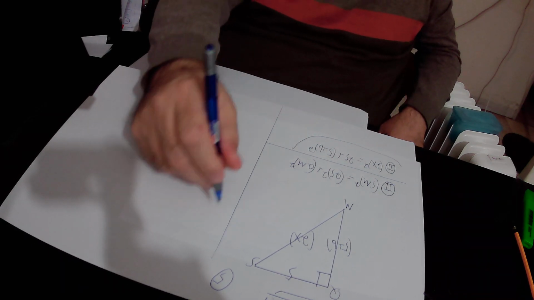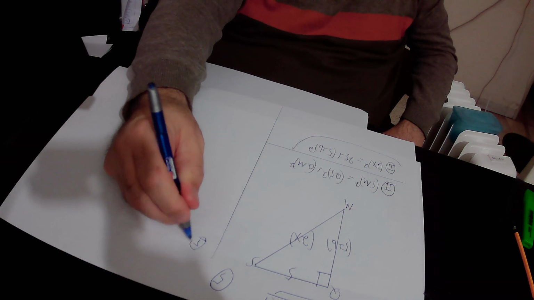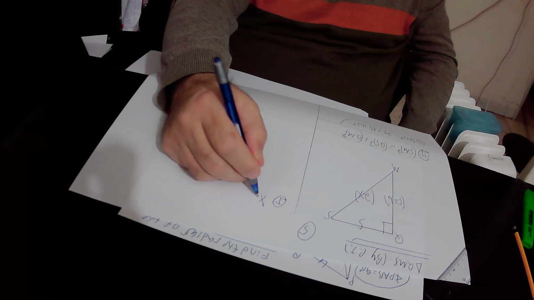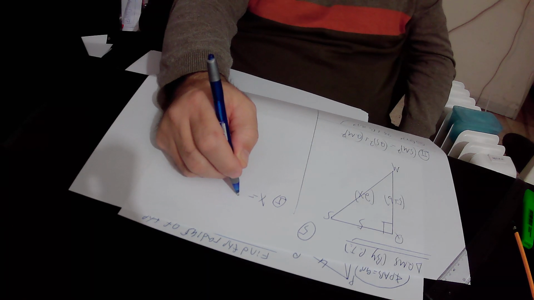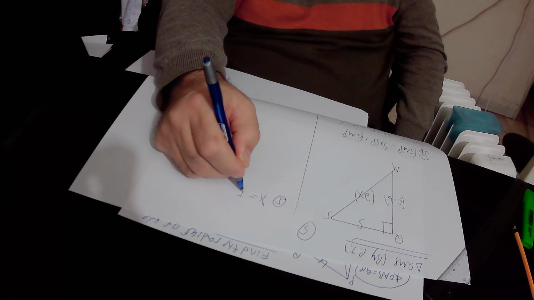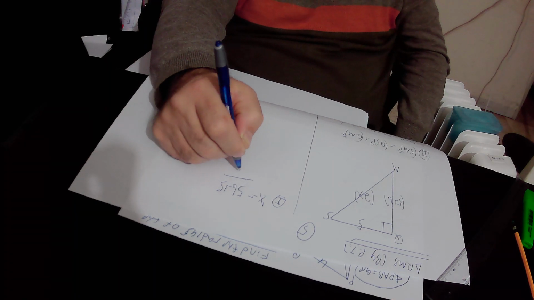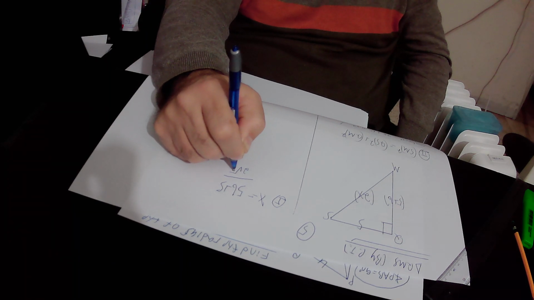Well, according to equation number 1, we have already found out that x equals 5b plus 5 over 2 times square root of 5.